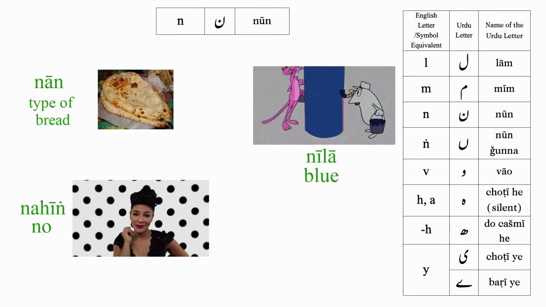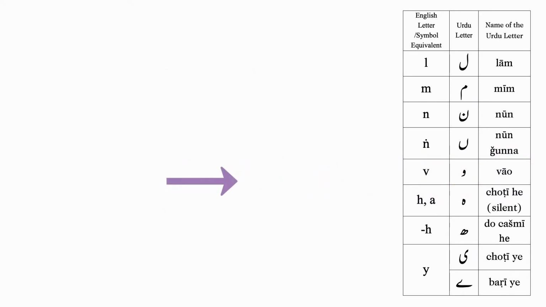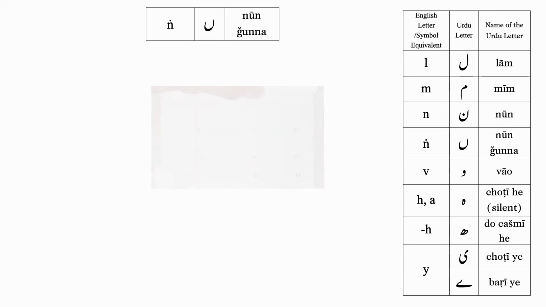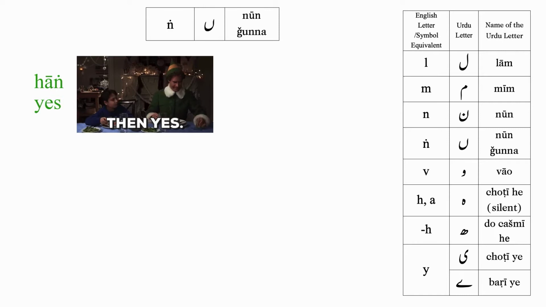The letter noon is often nasalized when it's the last letter of a word. And when that happens, the noon is called noon ghunna. Some words that end with noon ghunna are haan, which means yes.